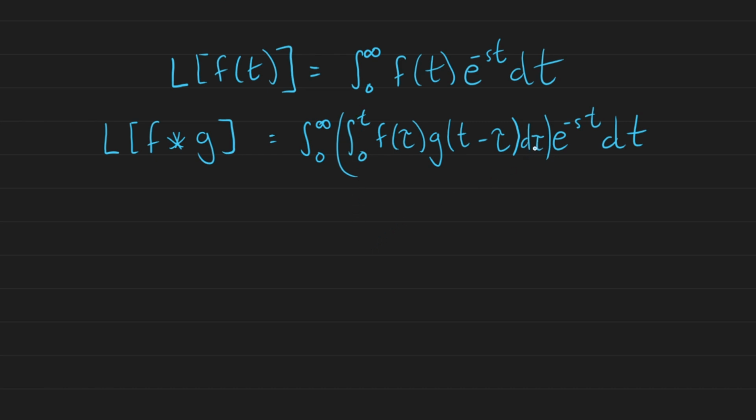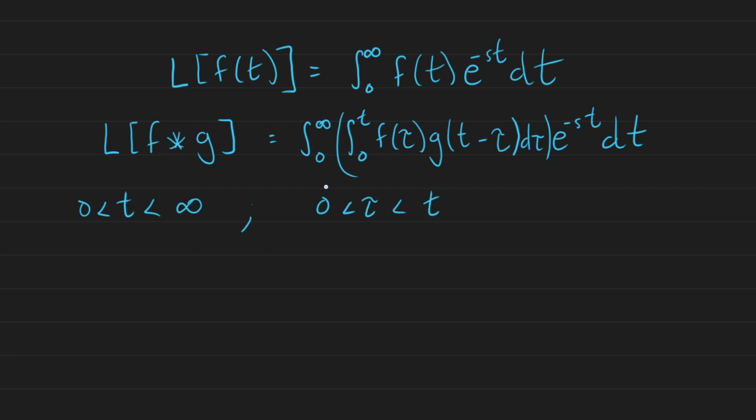So this inner integral is tau going from 0 to t, and this outer integral is t going from 0 to infinity. So let's write that. We have t going from 0 to infinity, and we have tau going from 0 to t.